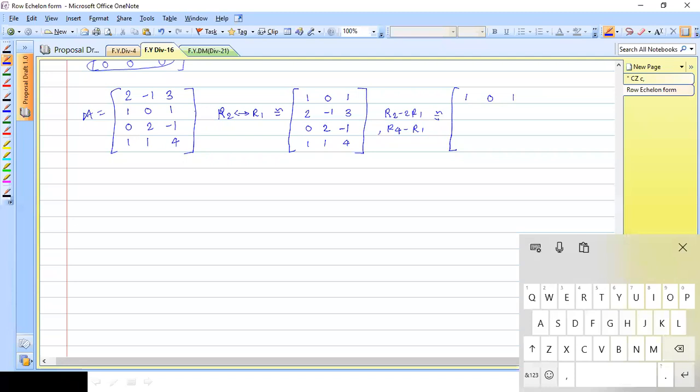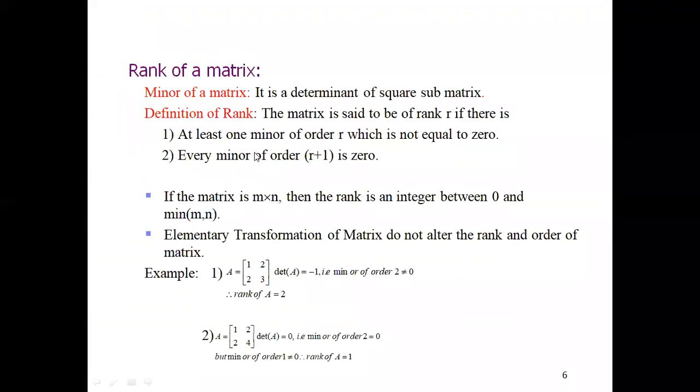Okay, what is the order of this matrix? What is the order? 4 cross 3. Okay, and here we mention that rank has to be less than 3. Oh, it is less than or equal to 3.